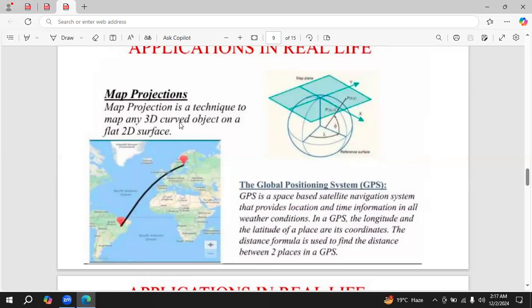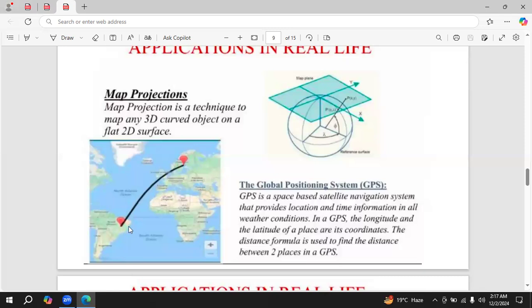As the world map is a 3D curved object, the surface of our Earth is circular in shape, and that outermost surface of Earth is flattened and converted into a 2D surface. Using that 2D surface, the navigation system works. The initial point is also set wherever you take the initial point.